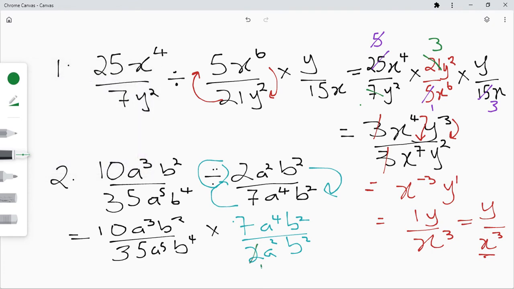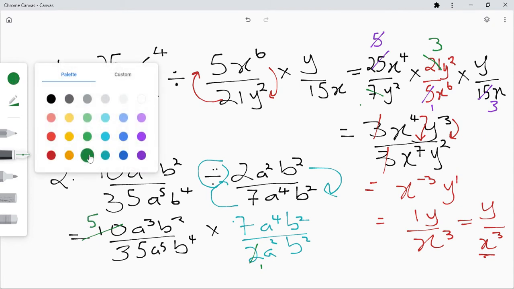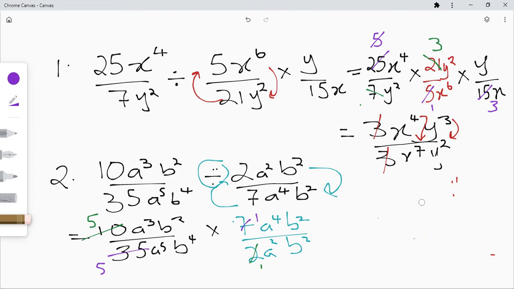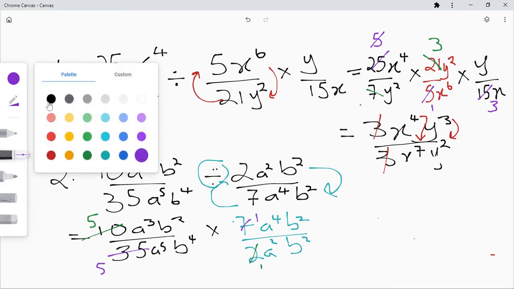2 can go into 10 five times, so we'll have a 5 here. 7 can go into 35 five times. I'm going to do this step by step, because if I do it in one stage, it might get confusing.